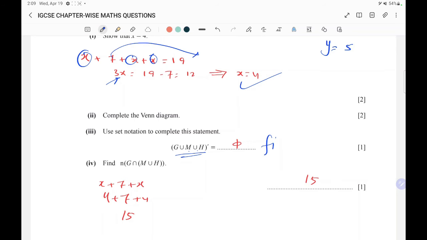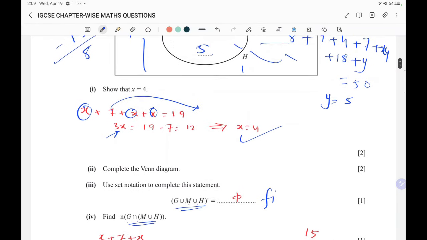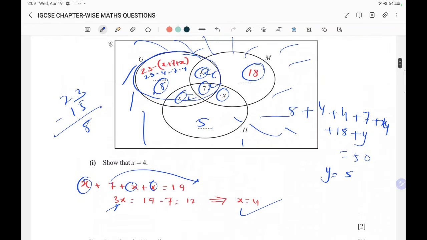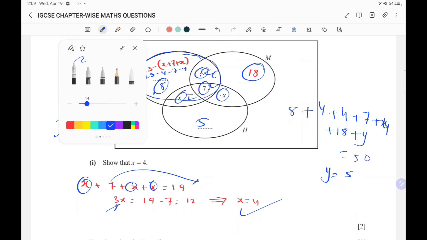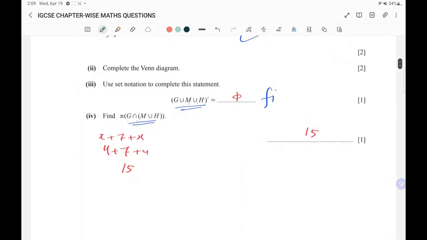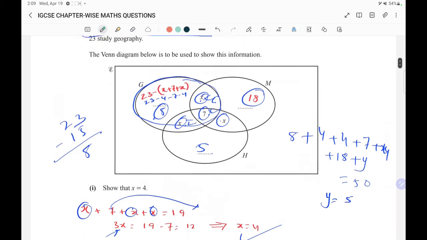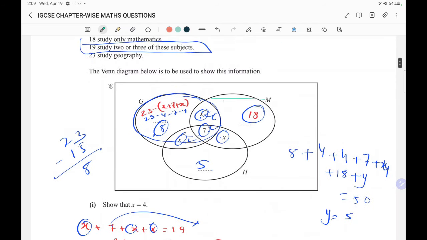Now we have to find G intersection M union H. Let me show this now. I will use some other pen. What we have to write? M union H. Where is M? M is this, and this is H. So M union H is this.